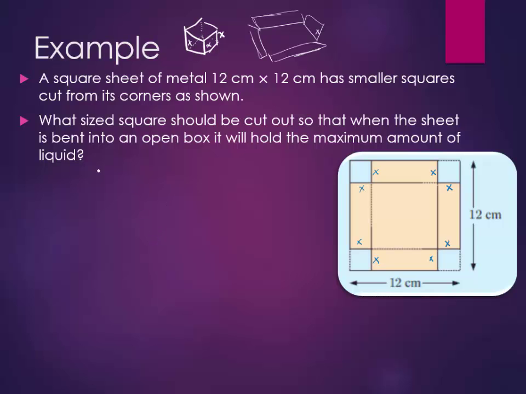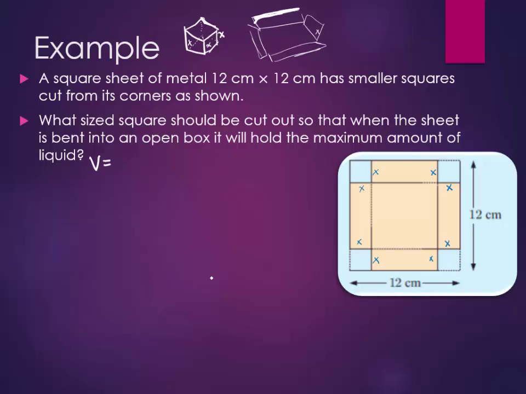Okay, so let's start with the volume. What is the volume of this particular figure? Well, we're going to maximize the volume, so we have to think about this. Here's our box, and we have side lengths here, but are they equal to 12? No. What are they actually equal to? Yes, CV says 12 minus 2x.